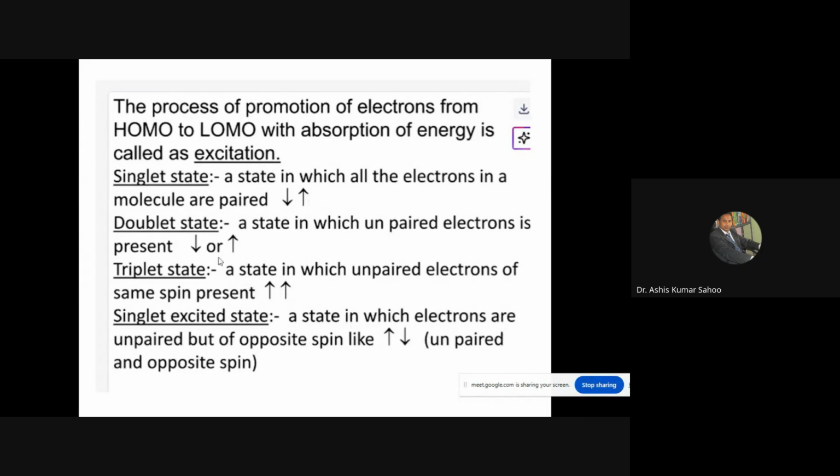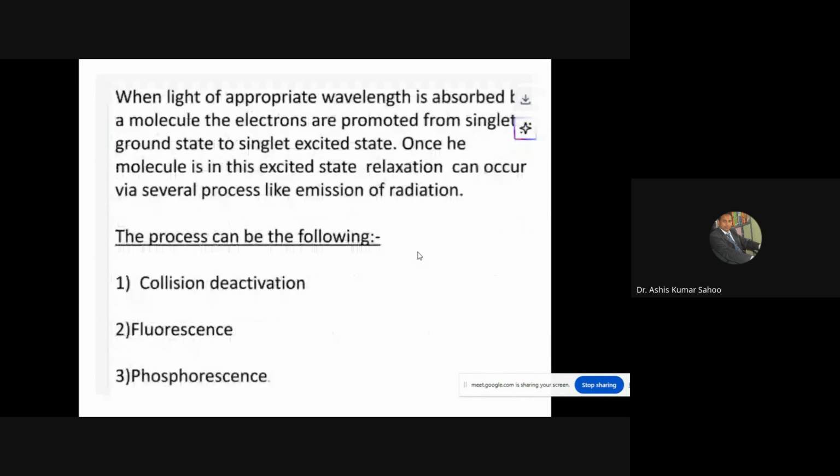If the spin is opposite, then that will be known as a doublet state. A state in which all the electrons in a molecule are paired is a singlet state. So these are the different situations that occur when an electron jumps.